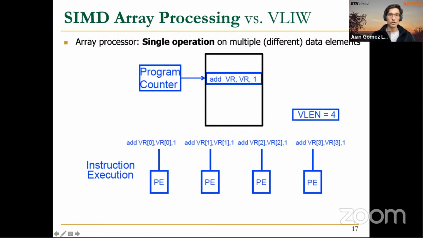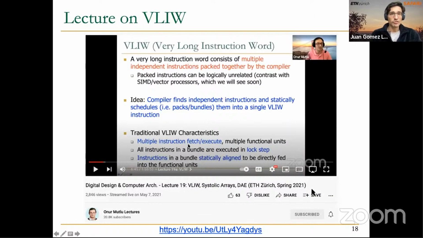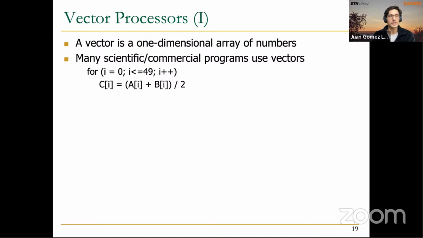Instead of having a long instruction with multiple small instructions, we have one single instruction, and this single instruction is executed on the different data elements that are accessed by the different processing elements. If you want a refresher on VLIW, I can also recommend this lecture from Professor Mutlu, also from spring 2021.